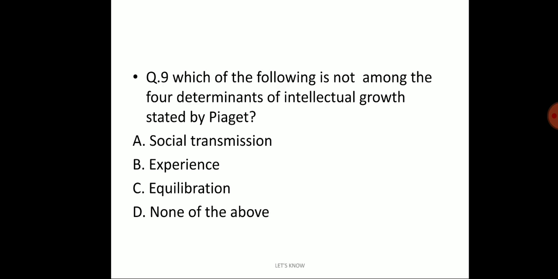We have studied Piaget's theory, and he said the factors are biological maturation, that is heredity, and environment. Social transmission is absent in Piaget's theory. Next is experience.